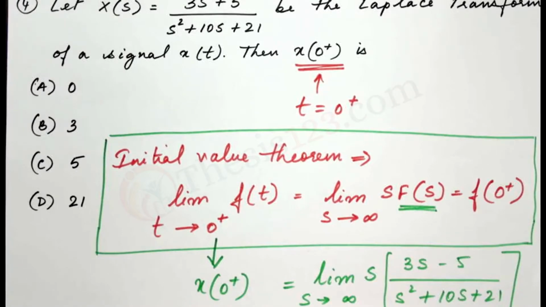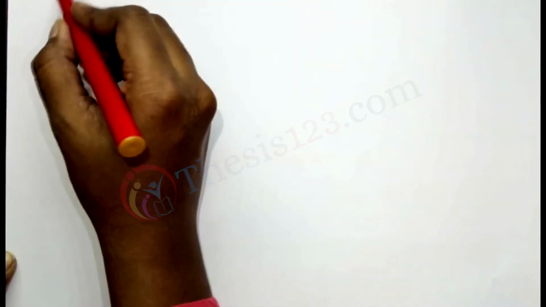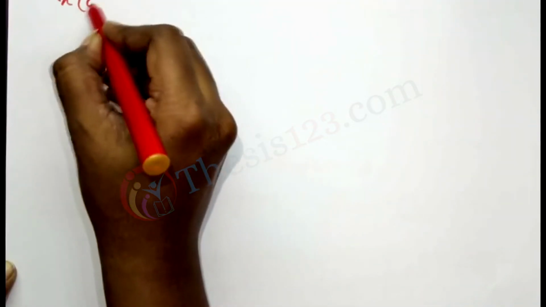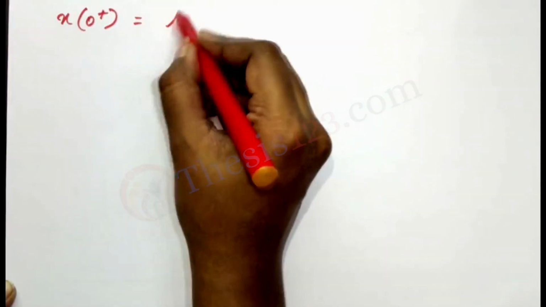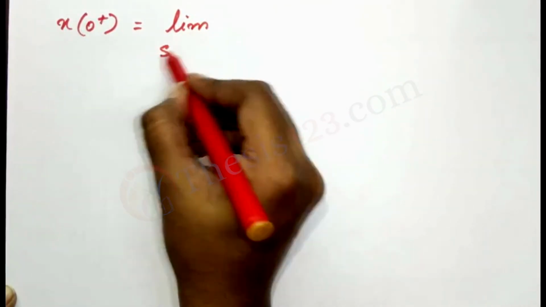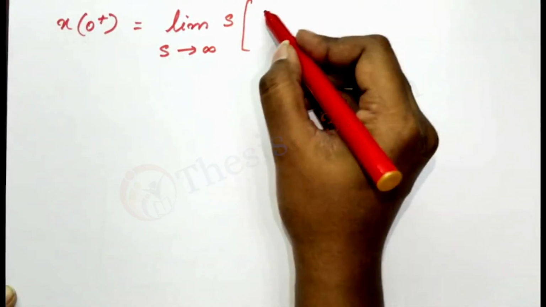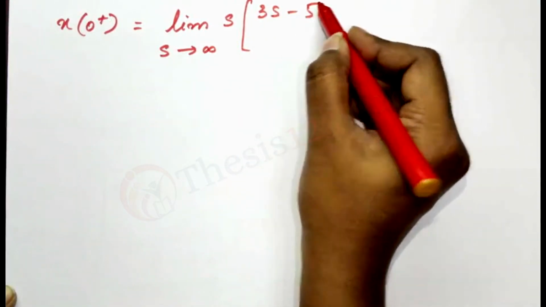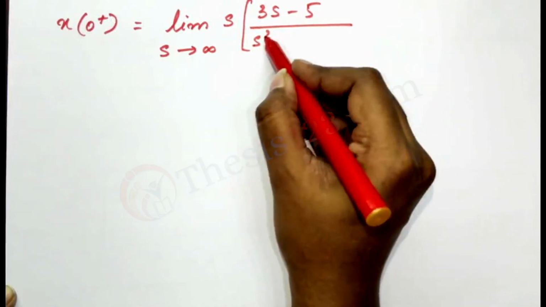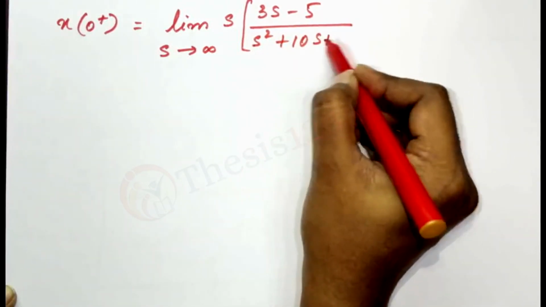So in order to solve the limit of the right hand side of this equation here, let's take s squared common from the numerator and s squared common from the denominator. We have x(0+) equals the limit as s tends to infinity of s into (3s + 5) divided by s² + 10s + 21.